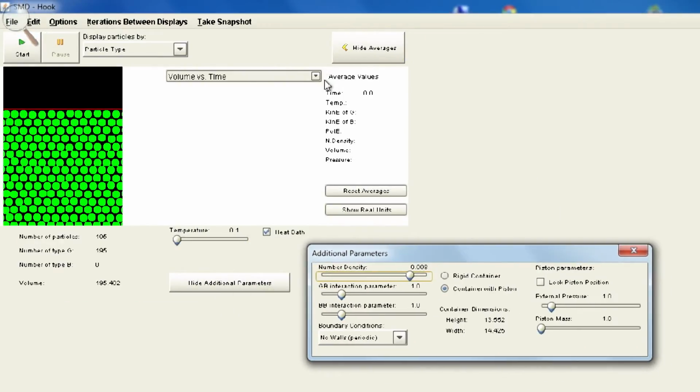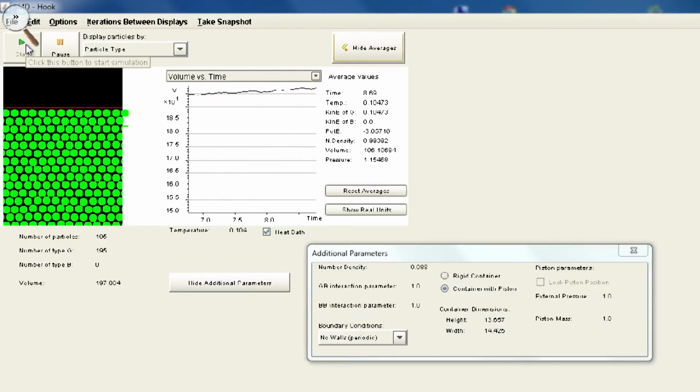Now in this case you are looking at the simple calculation with the piston. Because we are doing a stress strain curve, we want to start with the pressure, in this case 1.0, and piston mass is 1.0. So now we define the stress strain curve very well. We also know the length here based on the volume. I am going to start this.